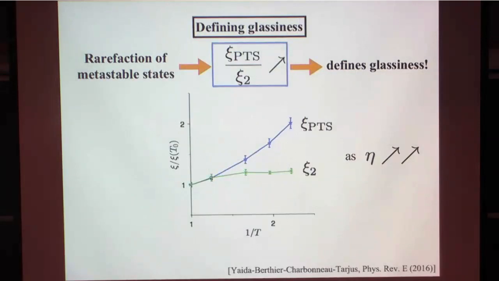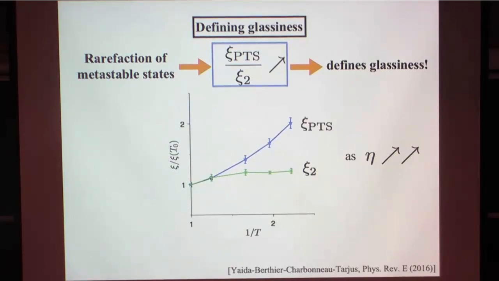Once you develop this methodology, you can do many things. One thing to do is to bear out the fact that this length scale also grows as you go to lower temperature. This is 1/T, so going to lower temperature is this way. I postulated that if you go to lower temperature, you have fewer and fewer metastable states, so you have to go to longer distances to access a new state.